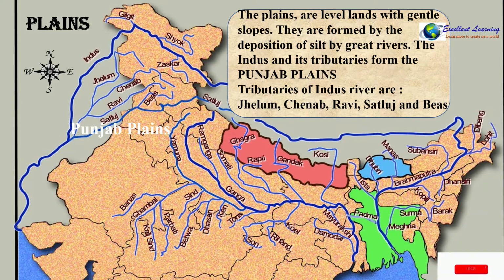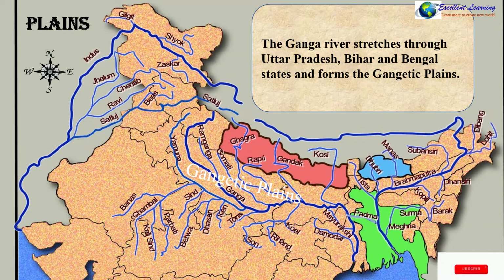Children, look at this map to find the river Indus and its tributaries. Children, the Ganga River stretches through Uttar Pradesh, Bihar, and Bengal states and forms the Gangetic Plains.